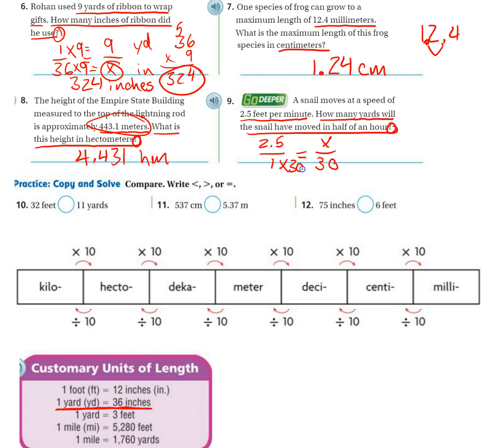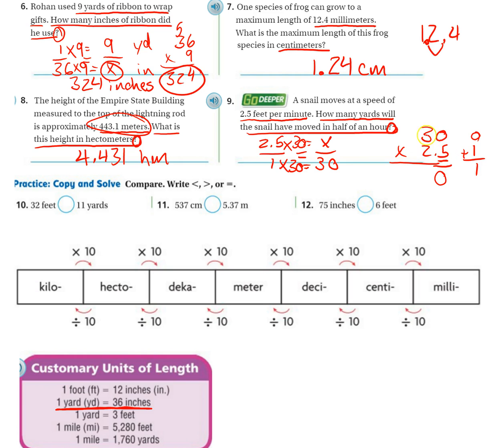So I got to multiply by 30 to get 30. And so now I know what to multiply the top by. 30 times 2.5. Here, let me rewrite that so they're better lined up. I have no numbers to the right of the decimal here. I have one number to the right of the decimal here, so I know when I get my answer, I'm going to move the decimal over 1.